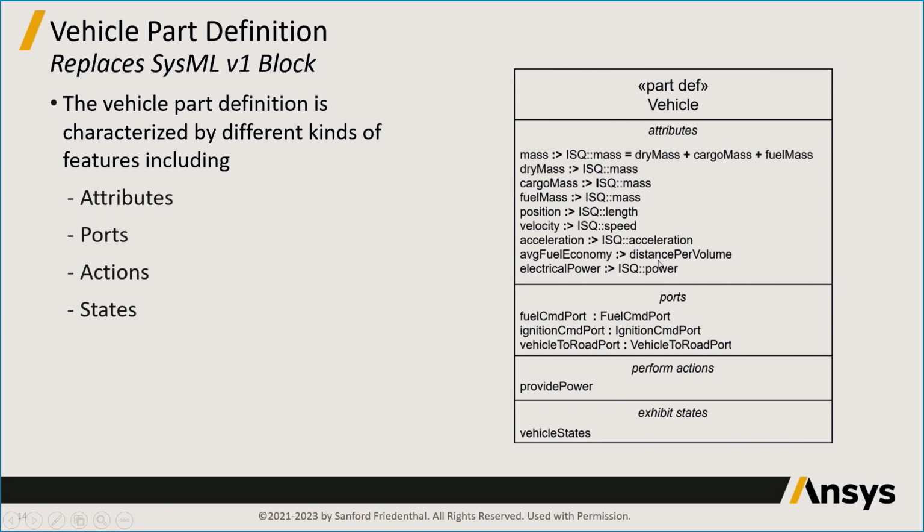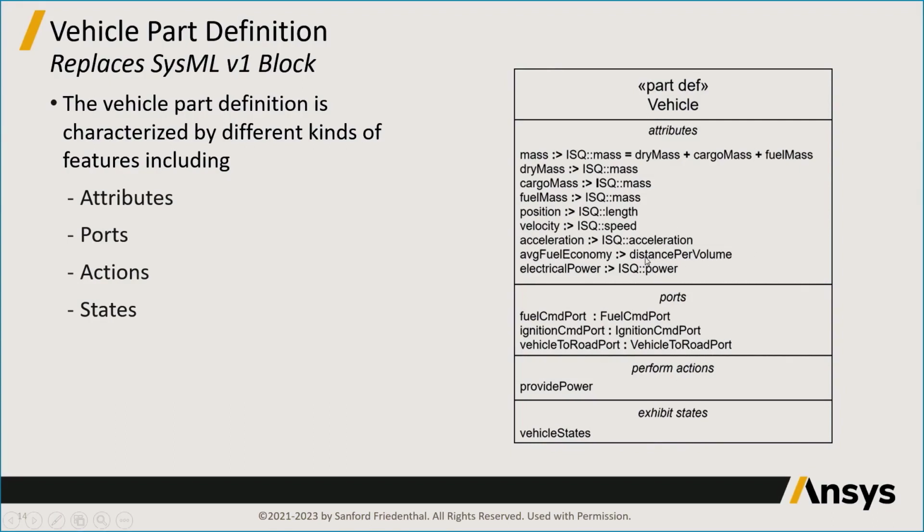You see one additional quantity here called average fuel economy. The quantities and units for average fuel economy are not contained in the standard library. However, you can create a standard quantity and unit by using the primitives.